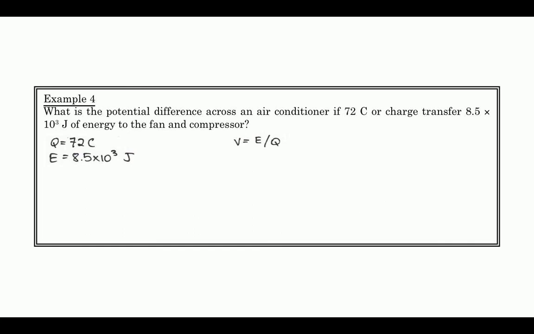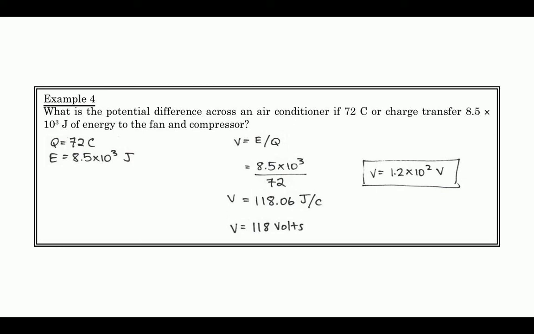So I could say, okay, potential is equal to energy over charge. I make this division and I get 118.06 joules per coulomb. Just like amperes, we didn't measure current in charge per second, we measured it in amps, right? Voltage also has a derived unit. It's called the volt, and we give it a capital letter V. So this would be 118 volts.